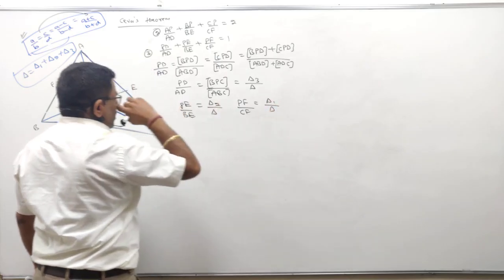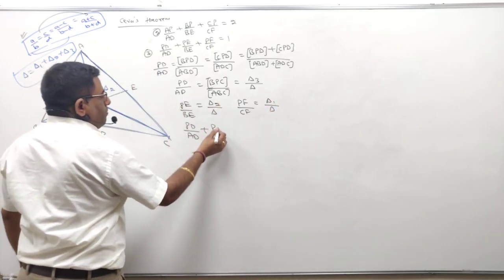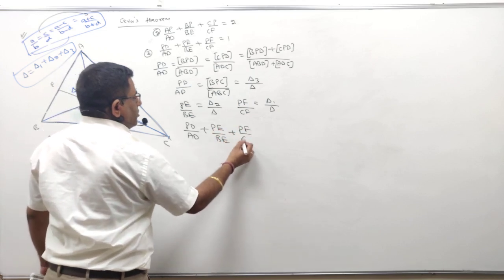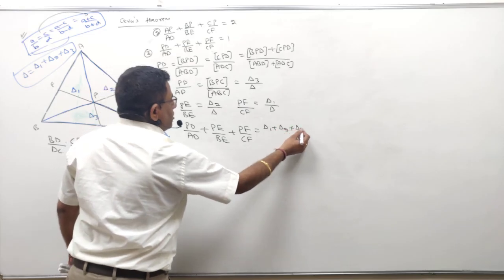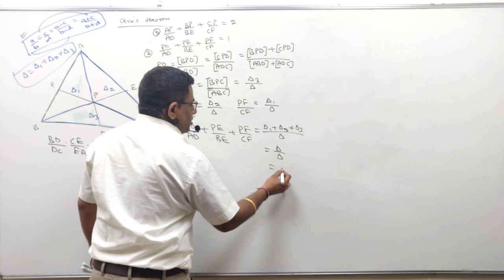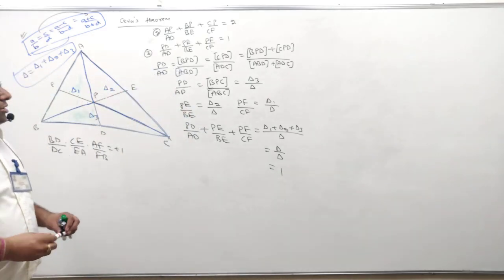If I add these results, PD upon AD plus PE upon BE plus PF upon CF comes out to be delta 1 plus delta 2 plus delta 3 upon delta, which is delta upon delta, that is 1. Hope it is clear to all of you.